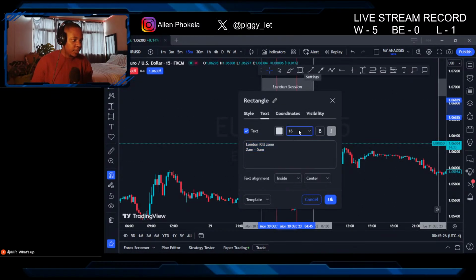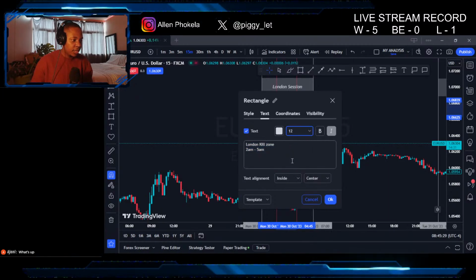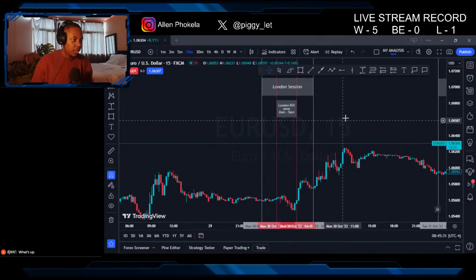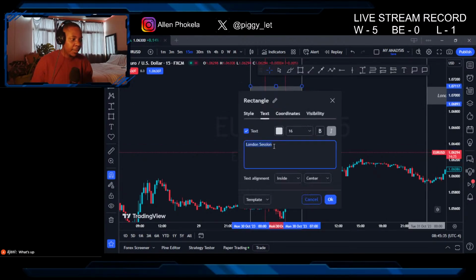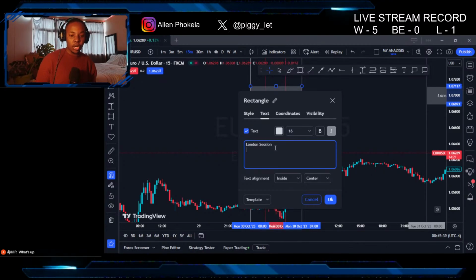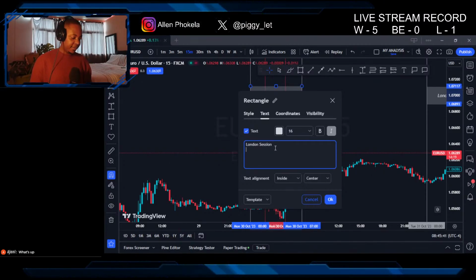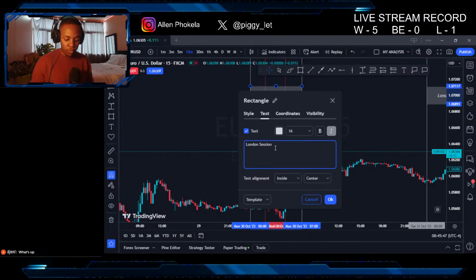Let me make it smaller. And you should keep in mind that the time that I'm using is New York. So do yourself a favor, switch your MetaTrader into New York time. I'll show you that in a minute.